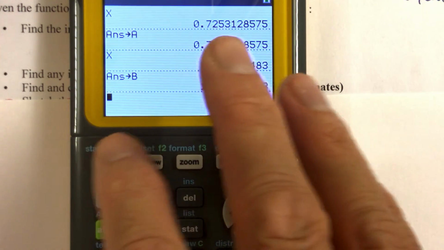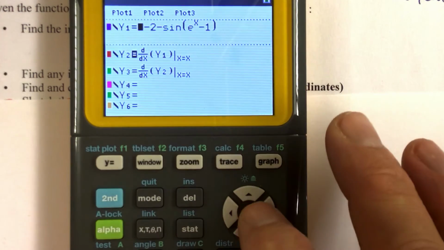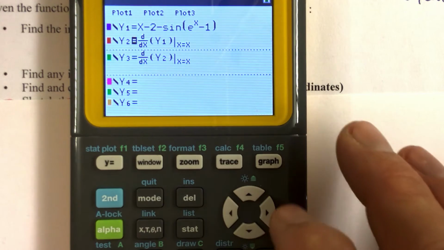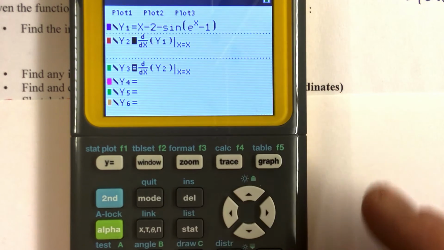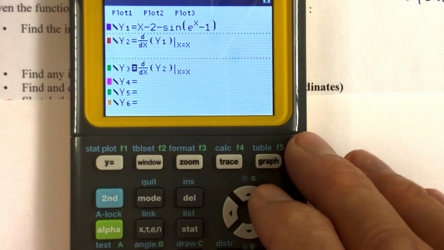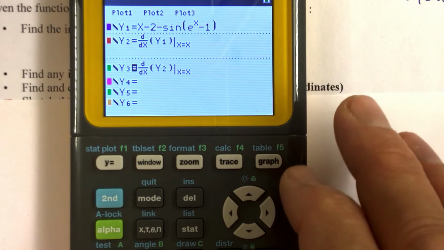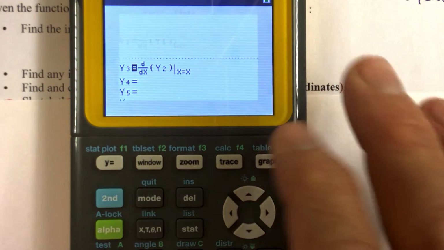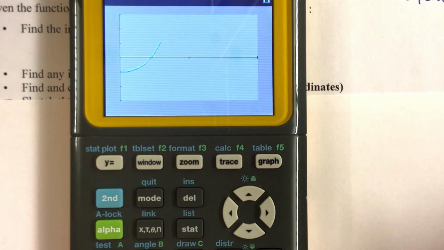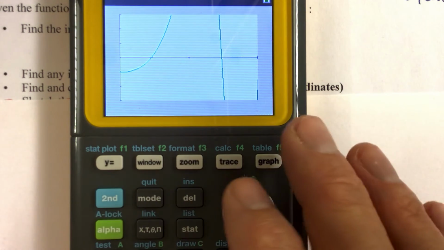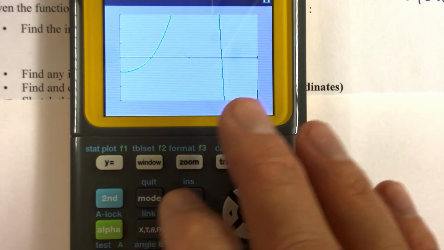Now we're going to go ahead and do that same thing for f double prime. We're going to highlight the equal sign for f double prime and hit graph. This is our f double prime, and we're going to do the same thing that we just did and store those zeros in alpha C and alpha D, okay?